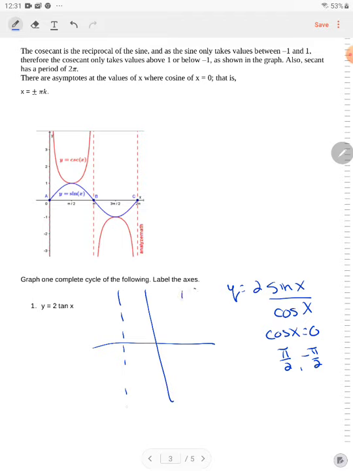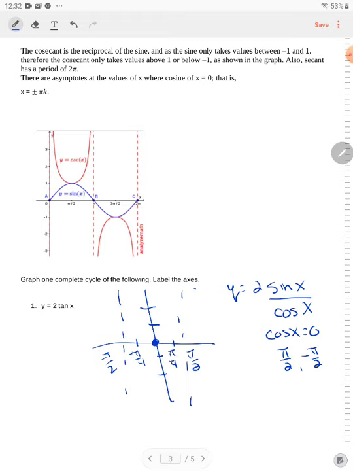So when we graph it, what we have is at negative pi over 2, we have asymptotes. Okay, because sine of 0 is 0, you go through 0, 0. Halfway is 45, and this is where at the 45 degrees, or in this case, negative pi over 4 and pi over 4, it should be 1.